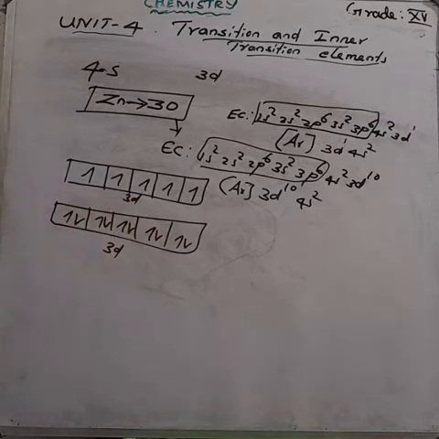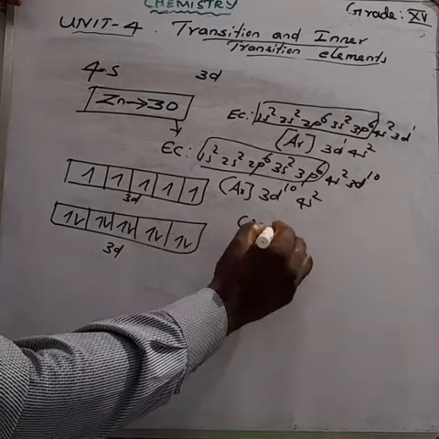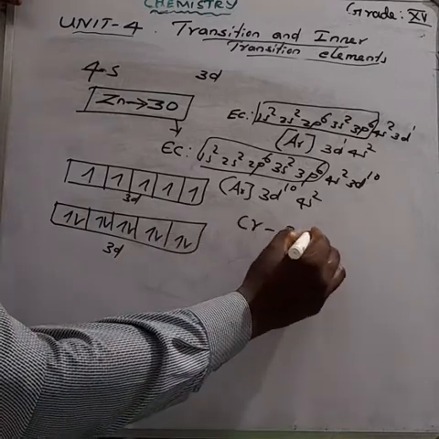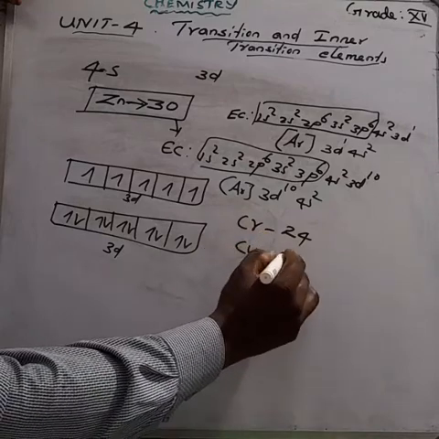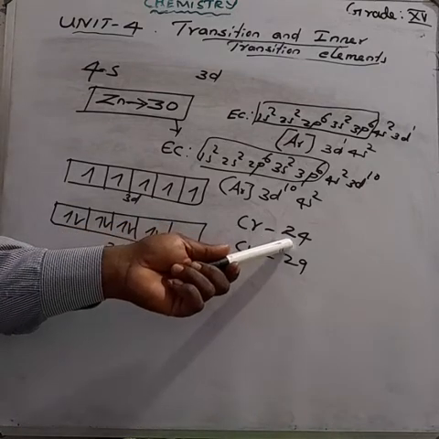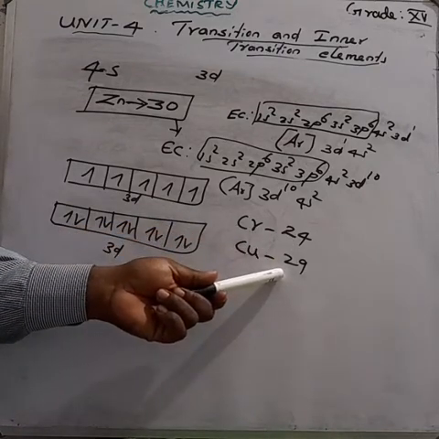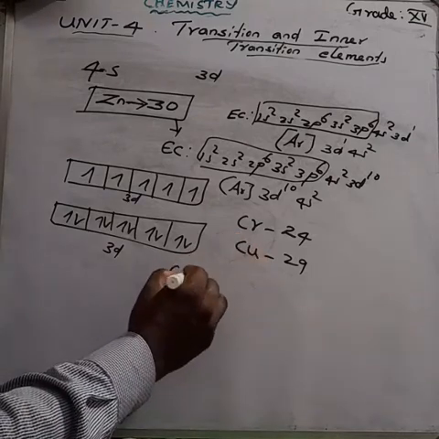One very good example here is chromium and copper. The symbol of chromium is Cr and copper is Cu. Chromium has atomic number 24, copper is 29. How will you write the electronic configuration of chromium and copper?